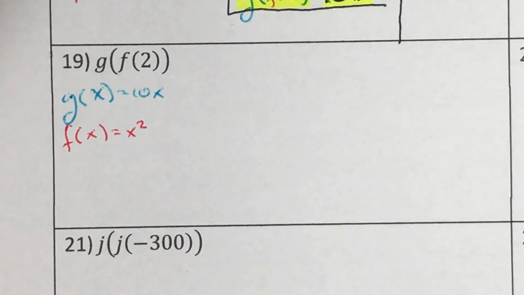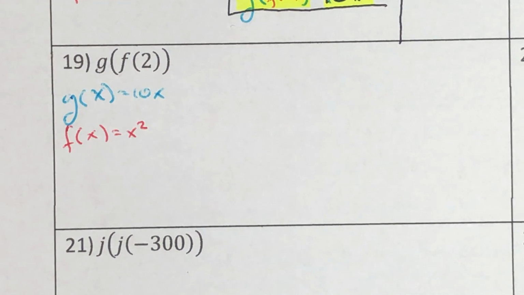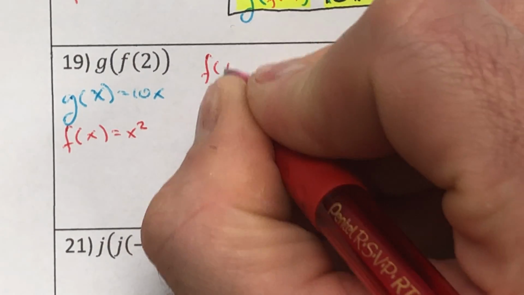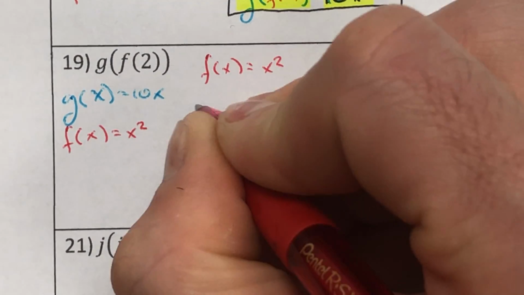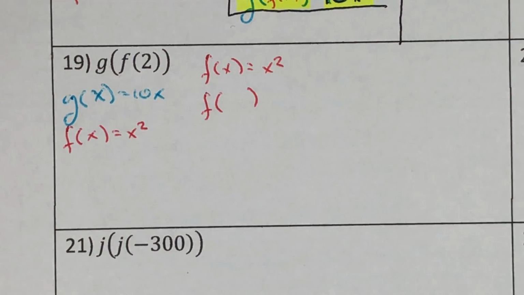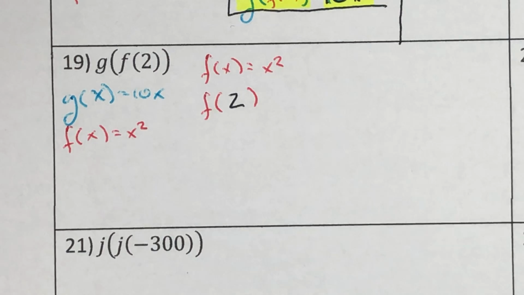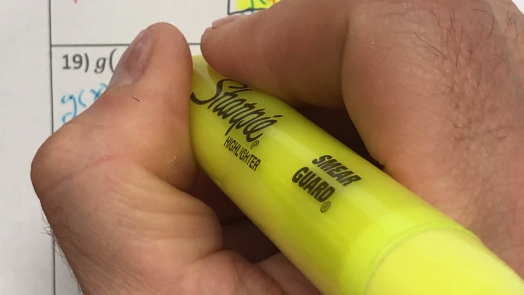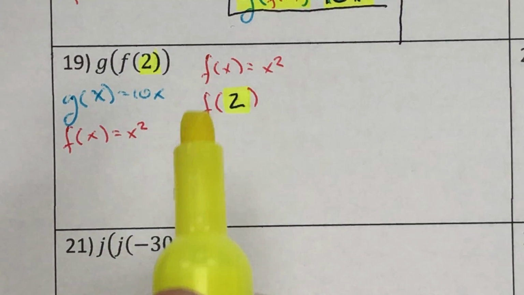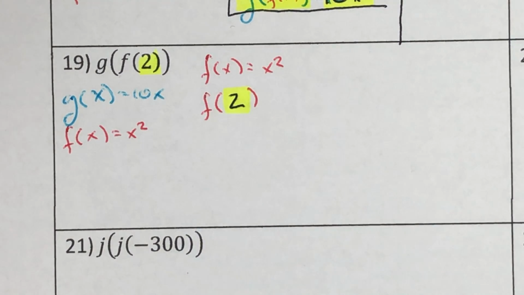Cool. So first I'm going to define what f of 2 is. Remember, working our way inside out. I know f of x is x squared. And so I'm saying, well, what is x? X in this case is 2. I'm going to take that 2, highlight it, and stick that into my equation.